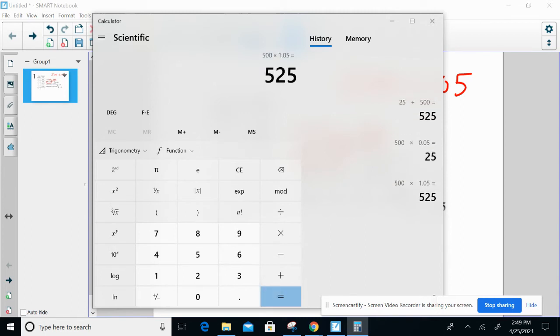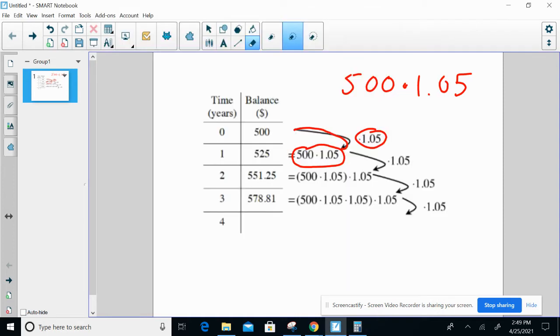All right, so that's automatically, by taking 500 times 1.05, adding the 5% to our original without doing it in 2 steps, okay? So that's what that means. So 500 times 1.05 adds the 5% in to the original 500, all right?